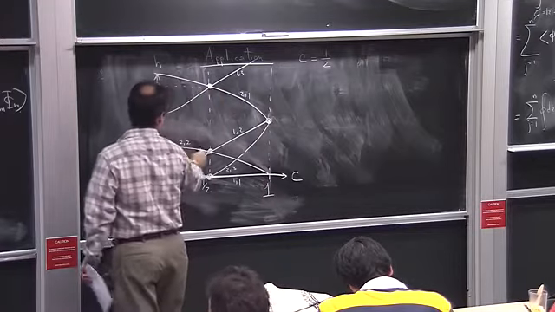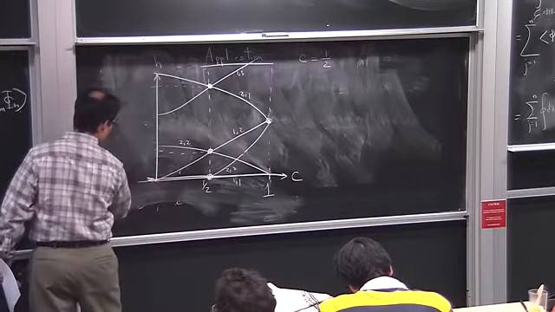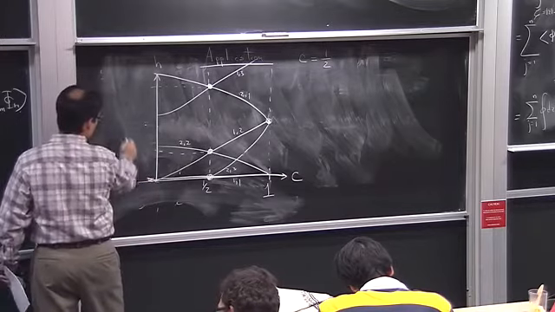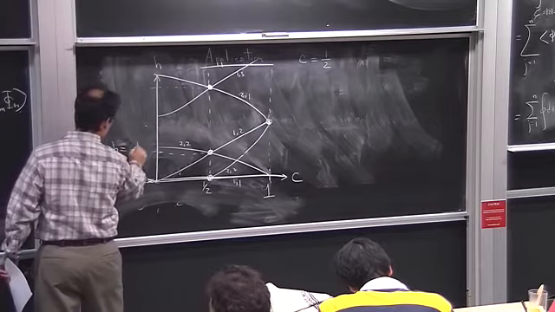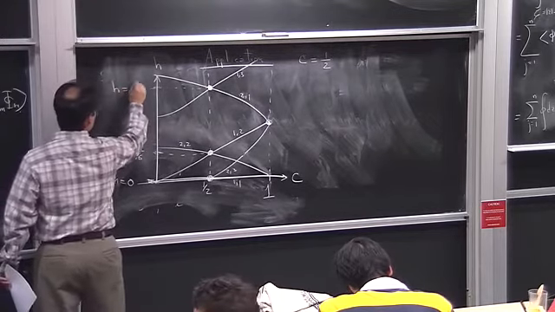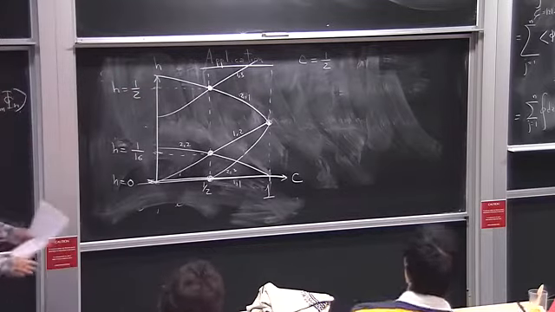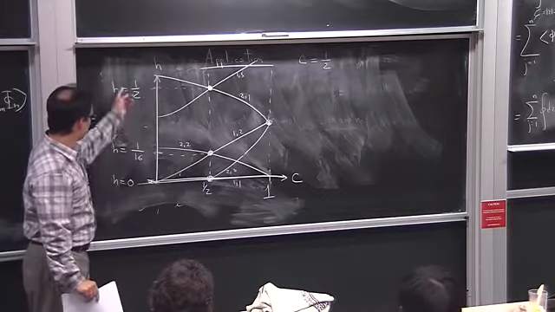And what are the possible values of h that we found? h could be 0, h could be 1/16, and h could be a half. So in the simplest possible theory, we will have 3 primaries.